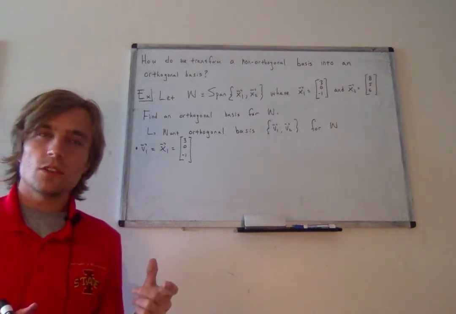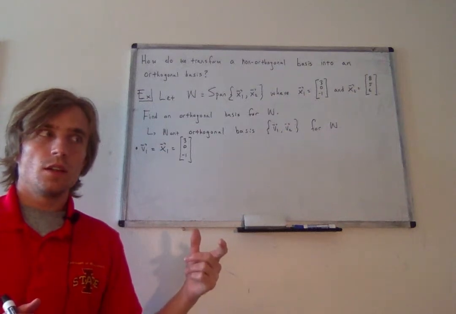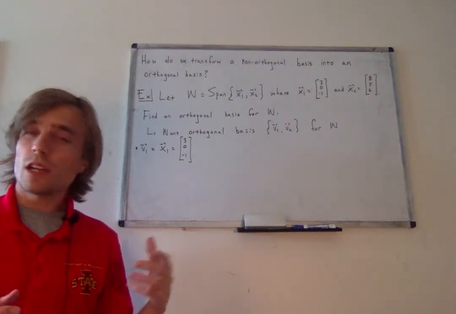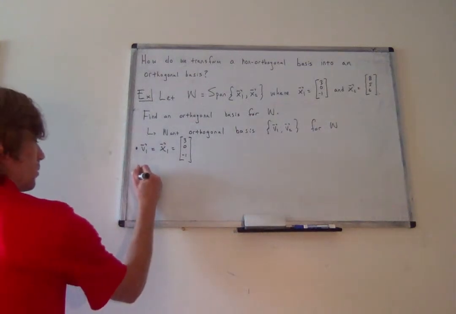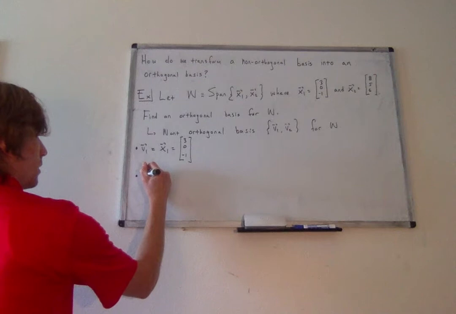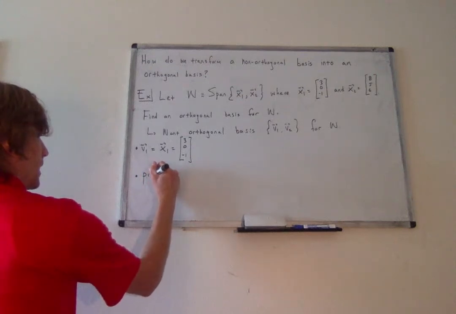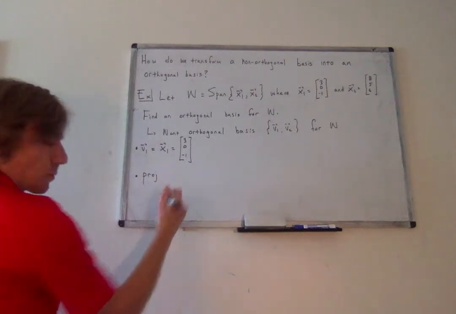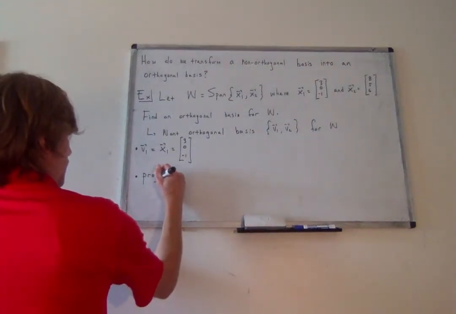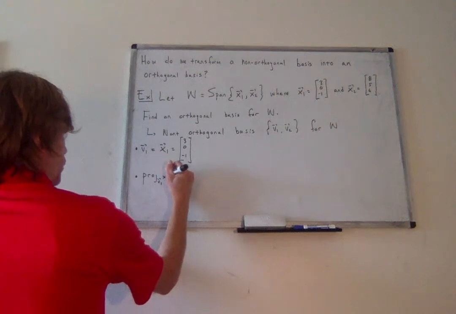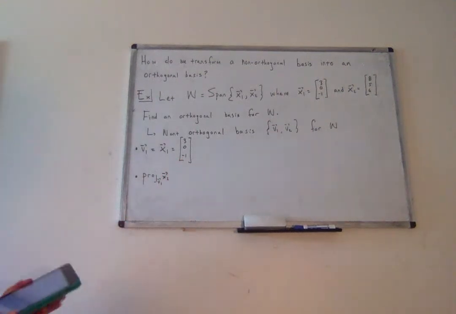Now maybe there's a vector that is orthogonal to v1, and maybe is a linear combination of v1 and x2. Well, notice if I take the projection of x2 onto v1, right?